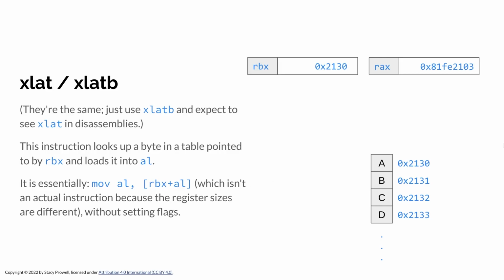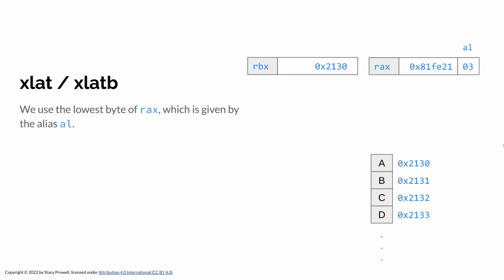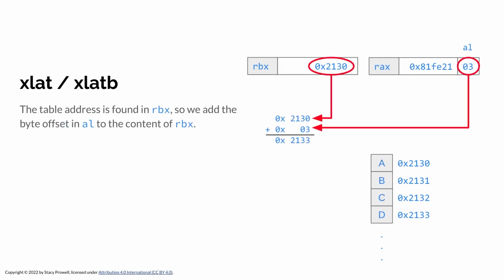All right, so how does this work? Well, you see over on the side, I've broken RAX up into the AL piece and all the rest. The lowest byte of RAX is given by AL. Now, I go ahead and take RBX and I add AL to it. So I take 2130, I add in this case 03 to it, and I get 2133.